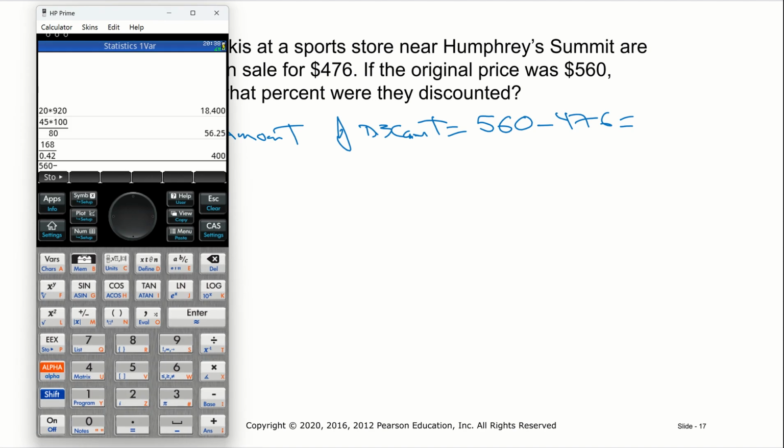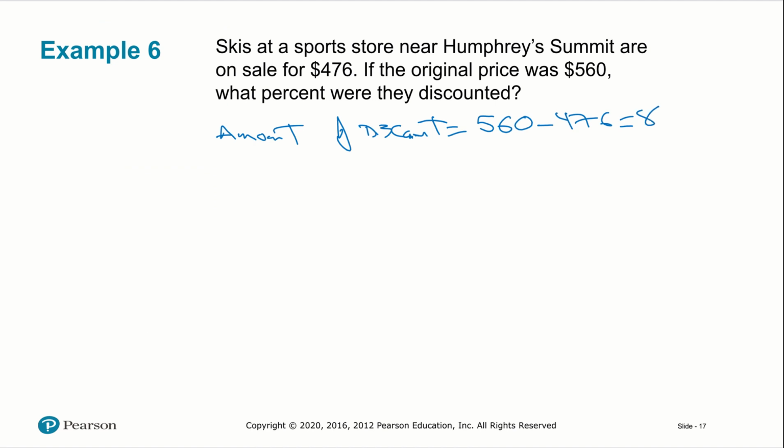560 minus 476, so 84. So we know how much the amount is. So basically we want to know this $84 is what percentage of the original price, which was 560.